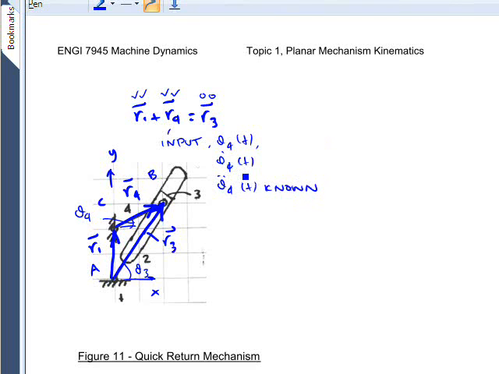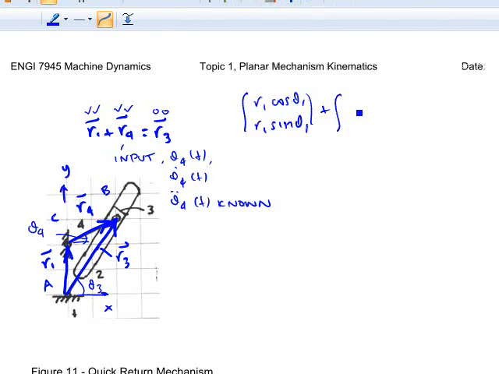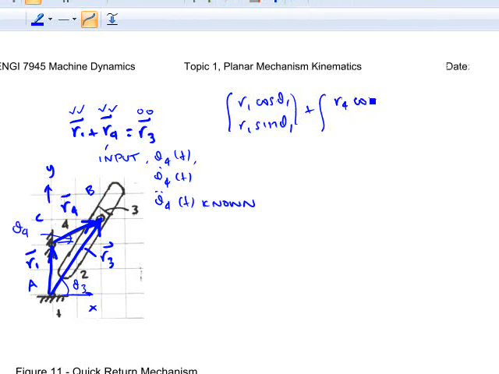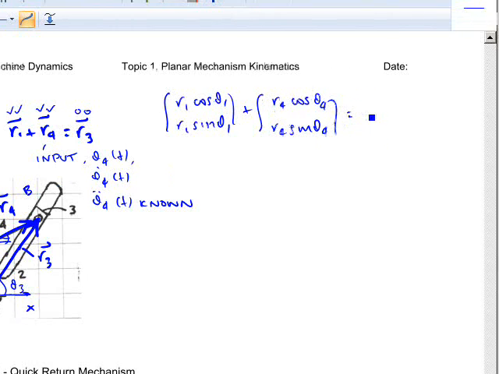The nice thing about doing loop analysis with Cartesian vectors is I can write my loop closure equation as r1 cos theta 1, r1 sine theta 1, plus, for r4 I'll write it in a standard form, r4 cos theta 4, r4 sine theta 4, and that'll be equal to r3, which is r3 cos theta 3, r3 sine theta 3.